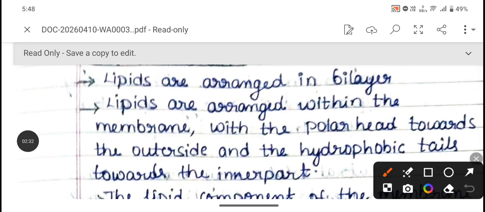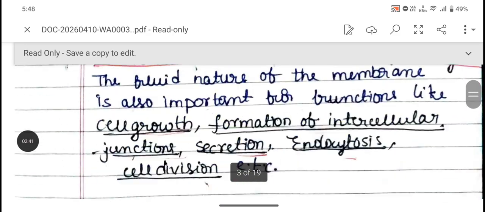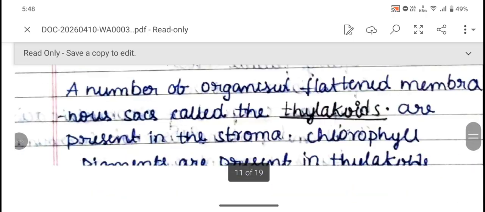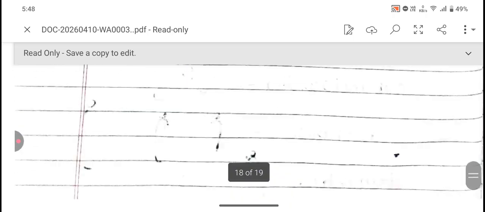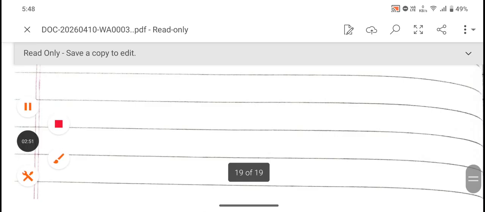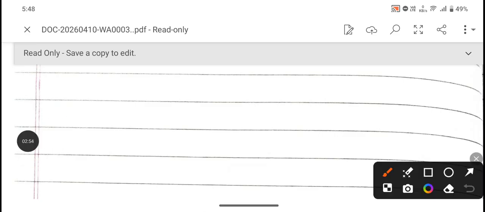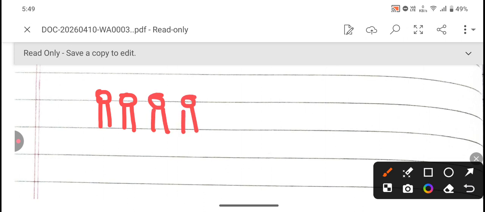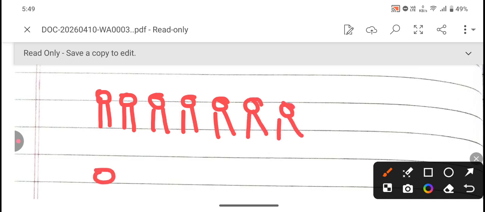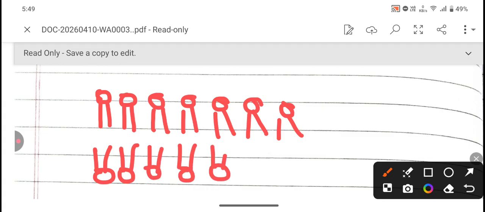If you observe the structure of a cell membrane, the lipid bilayers are arranged in this manner in the plasma membrane, in which the polar heads face outside, whereas the hydrophobic ends face inside.